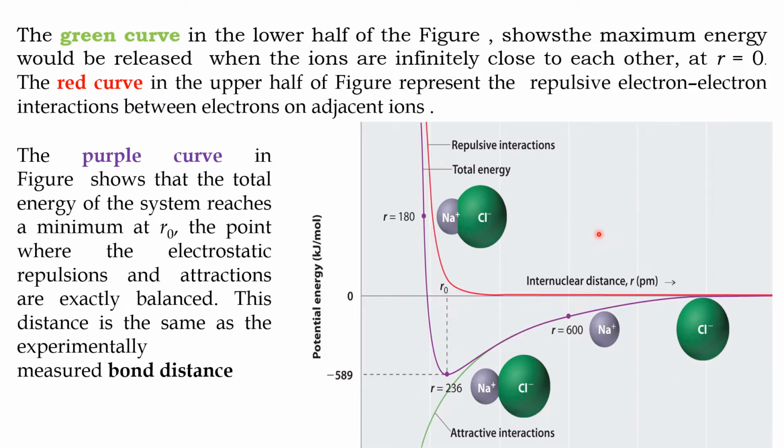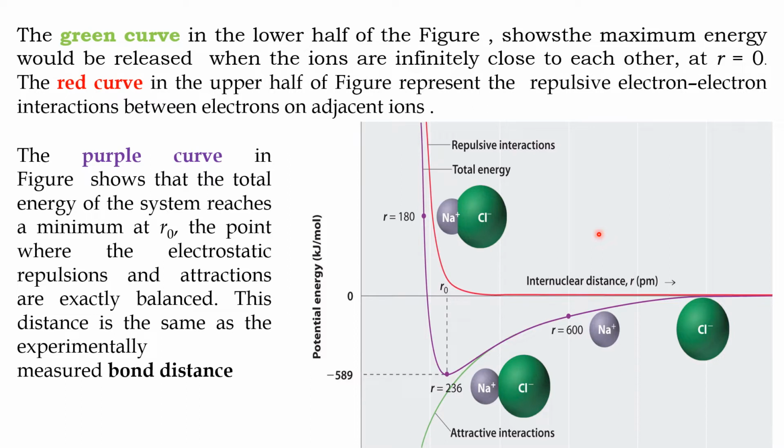The second force is an attraction between the electrons of the sodium and the nucleus of the chloride ion, because the nucleus contains positively charged protons. So the electrons of the sodium ion are attracted to the positive part of the chloride ion, that is the nucleus.